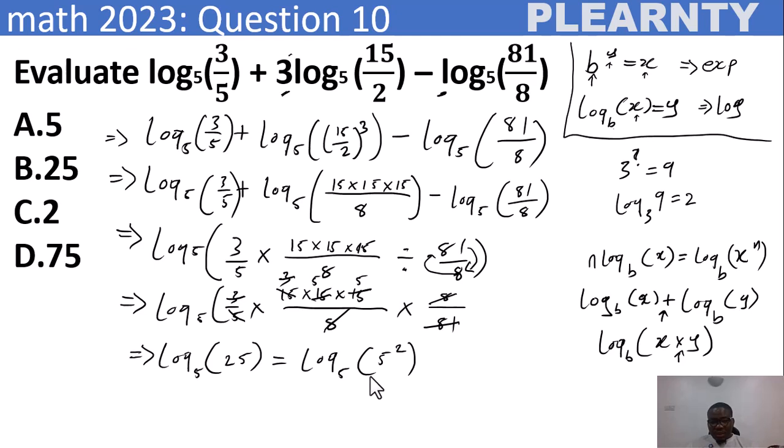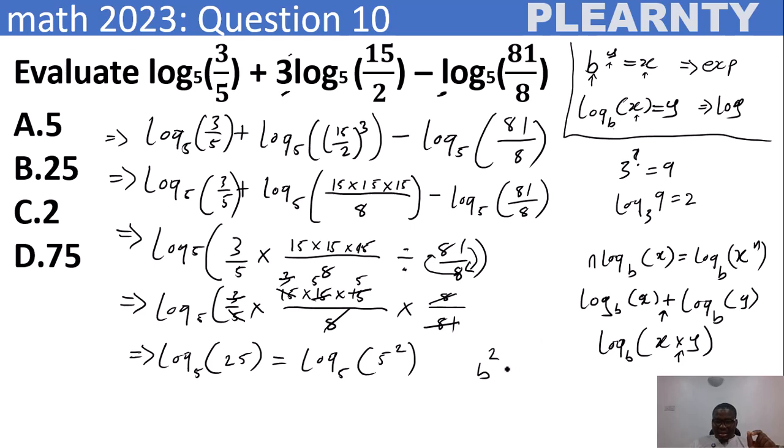Now, when you have this, let's come back to this rule we have here. We say if you have log base b of x, it gives you y. But what is that y? If you have b raised to power y, it gives you x. So here, what is our b? Our b here is 5. What is our y? Our y here is 2. And what is our x?